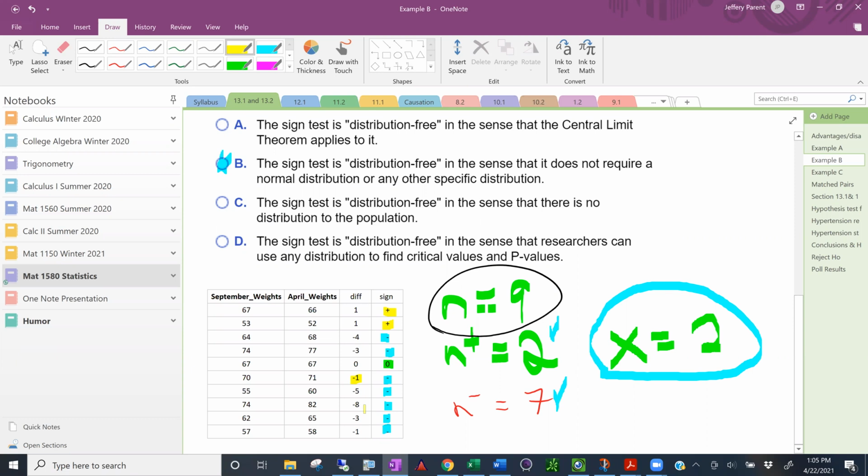So that magnitude is lost. When you're working with the sign test, it's all, okay, was it positive or negative? This could have been negative 18 pounds, which would be pretty significant. It might even sway the data from fail to reject to reject. But all those differences, the magnitudes are being thrown out.